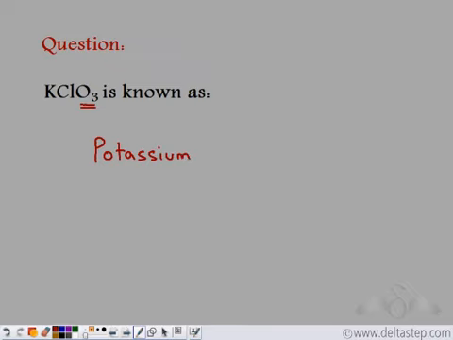And when we have 3 oxygen atoms, the non-metal is given the suffix "ate." So we get chlorate. So the name of KClO3 is potassium chlorate. So these are the rules which are followed when we have 2 elements in a compound and oxygen.